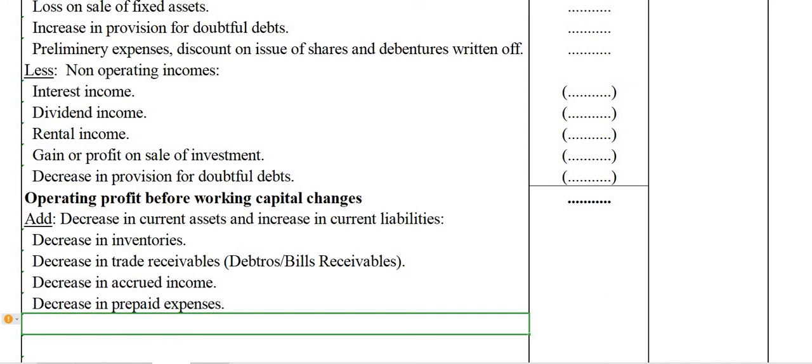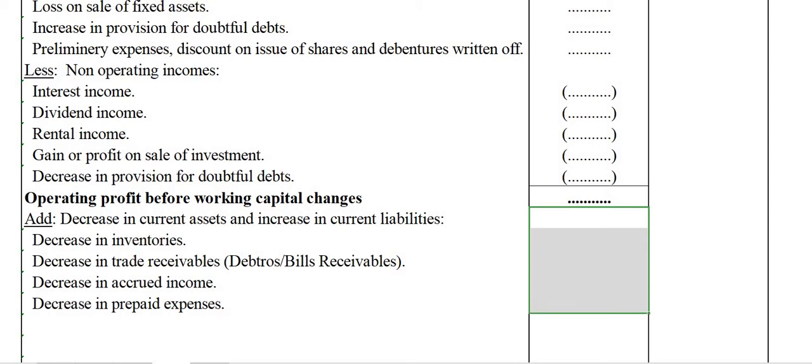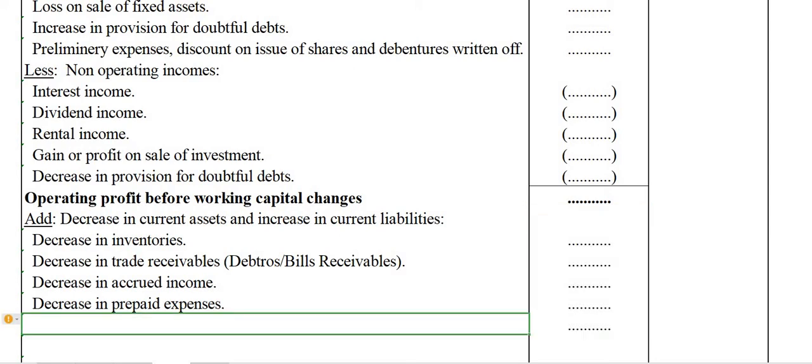How much is the amount of decrease? You have to see the previous year amount, how much, current year amount, how much. So if the current year decreases, that difference you can take here. That's all. So we can write the amount here, in the amount column. And after that we know current liabilities, increase in current liabilities. So here we have to see the liabilities one by one and see which liability is increasing.